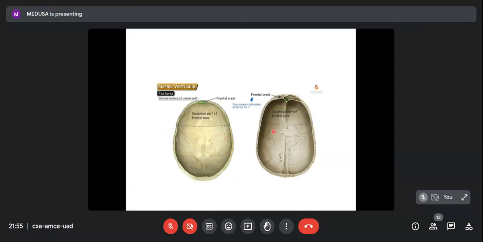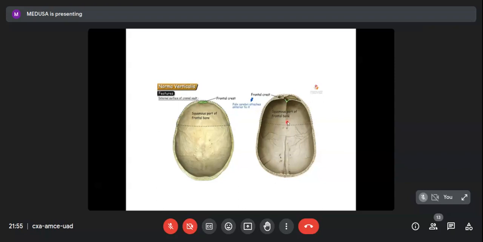All right. So now this is the vault of the calvaria. We've just cut the head out and we are looking at it from the inside. What we're trying to see here are a few tiny details that we need to know.